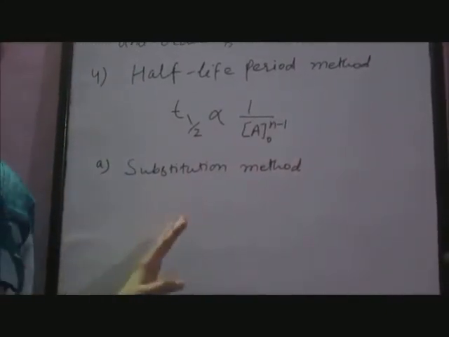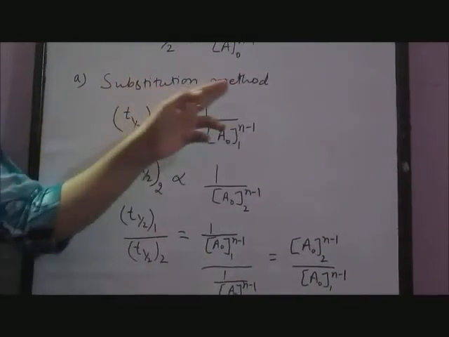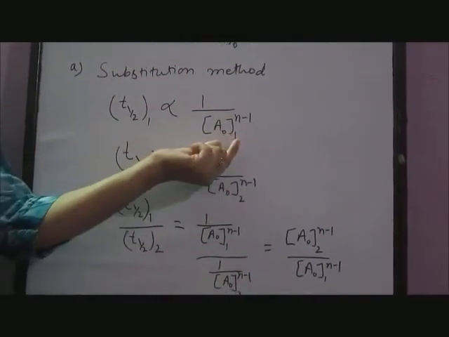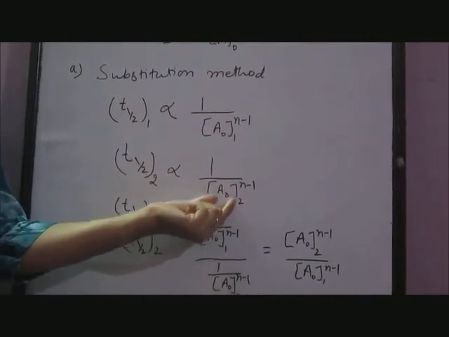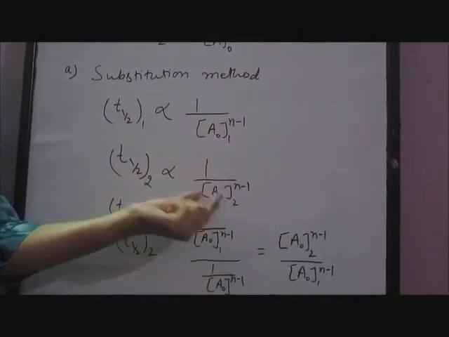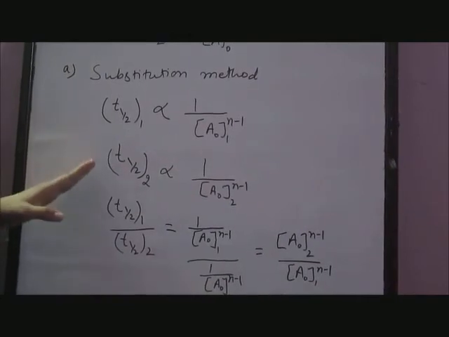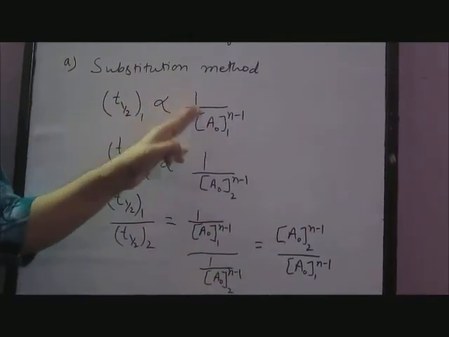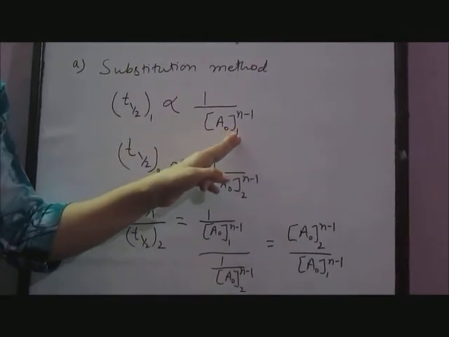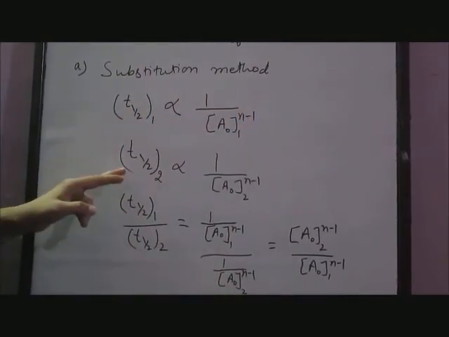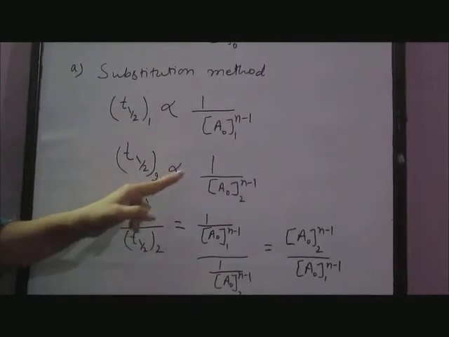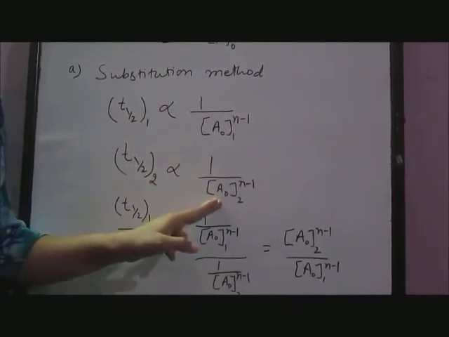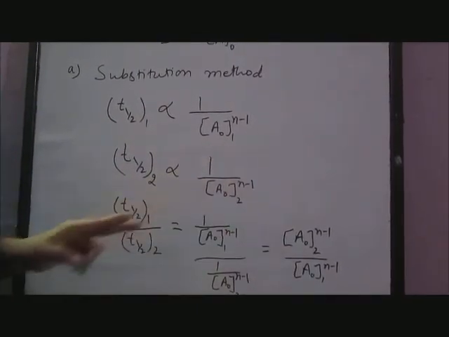In the substitution method, we consider two initial concentrations of reactant A and we can find the half-life period for the reaction. t half 1 is proportional to 1 upon A naught 1 raised to power n minus 1, and t half 2 is proportional to 1 by A naught 2 raised to power n minus 1.